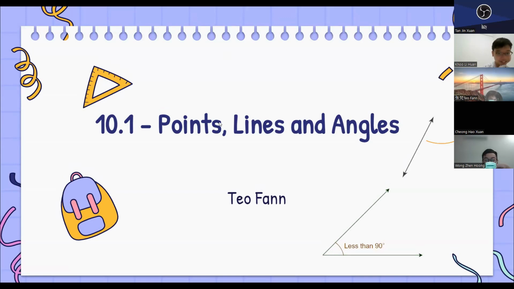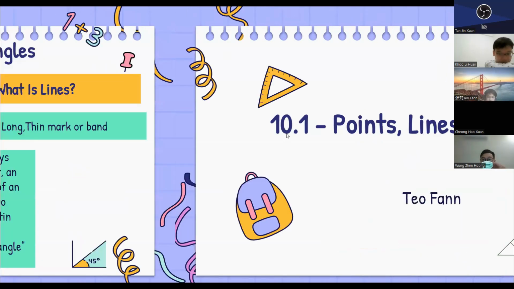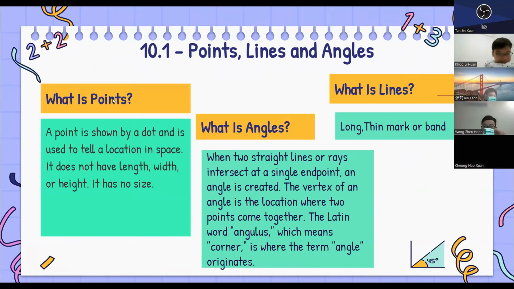Okay, my topic is points, lines, and angle. And what is a point? A point is shown by a dot and is used to tell a location in a space. It does not have length, width, or height, and it has also no size.